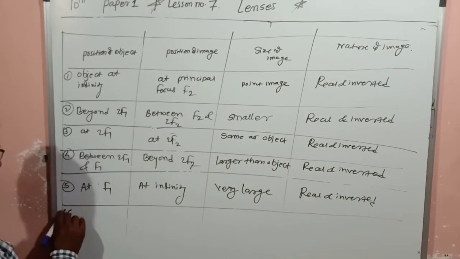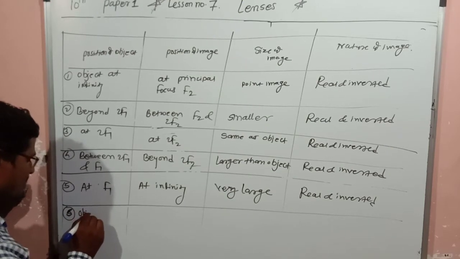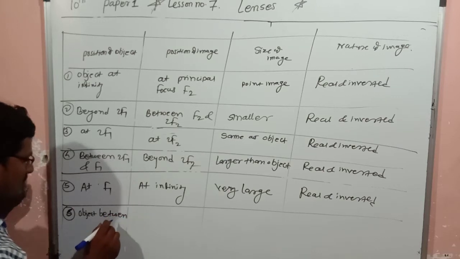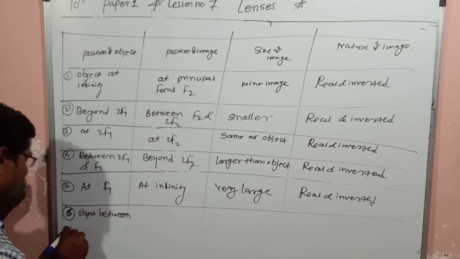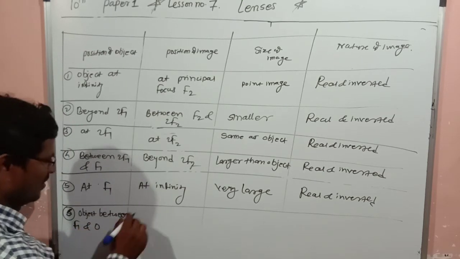Then the sixth position we have studied. What is the sixth position? Object will be between F1 and O. Then where will be the image?